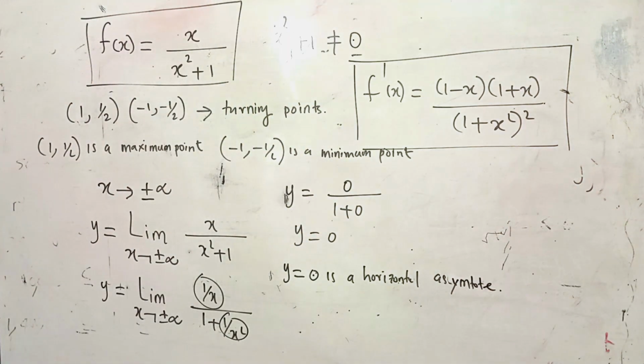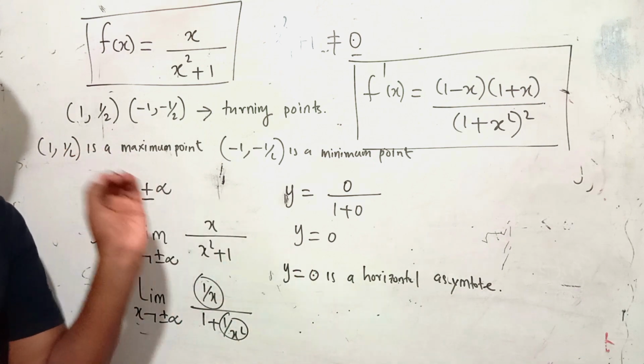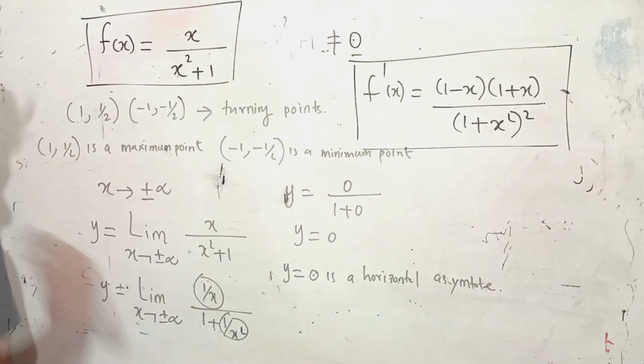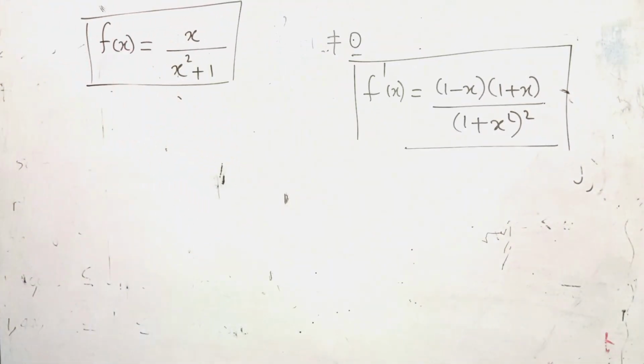There are actually vertical asymptotes as well. I will teach about vertical asymptotes later, because this problem doesn't have vertical asymptotes. y is equal to 0 is a horizontal asymptote. Always remember. Alright, guys, now we can sketch the graph.